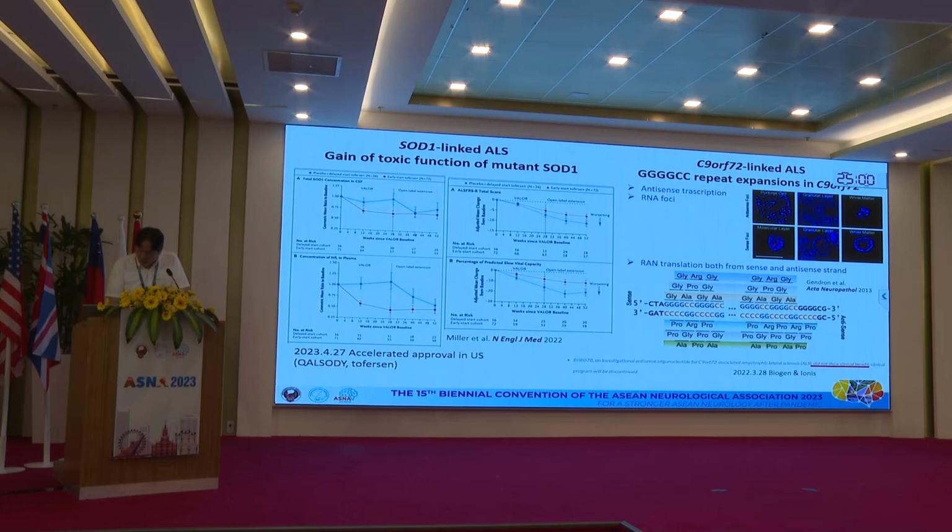But oligonucleotide therapeutics for repeat expansion diseases, however, are still in a difficult situation. For C9orf72-linked ALS, there is a GGGGCC repeat expansion in C9orf72. In this disease, there are antisense transcription, RNA foci formation, and RAN translation products in the brain.